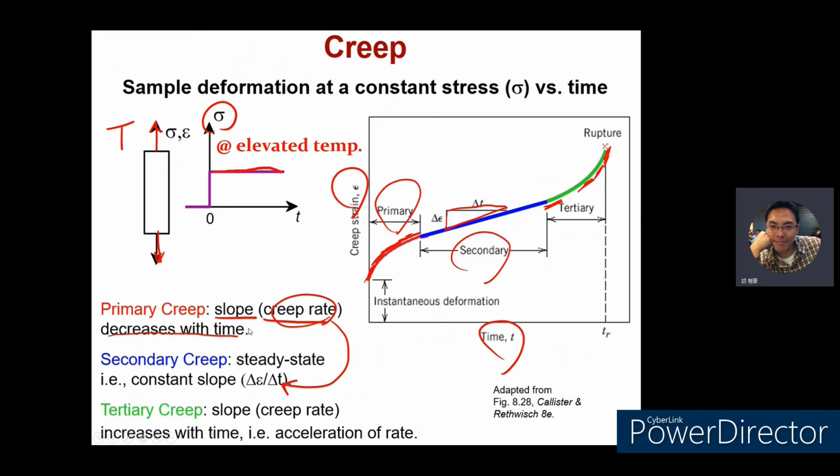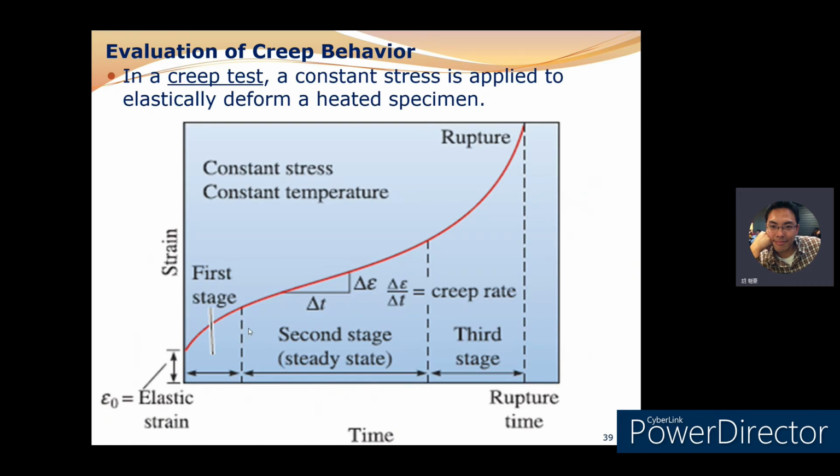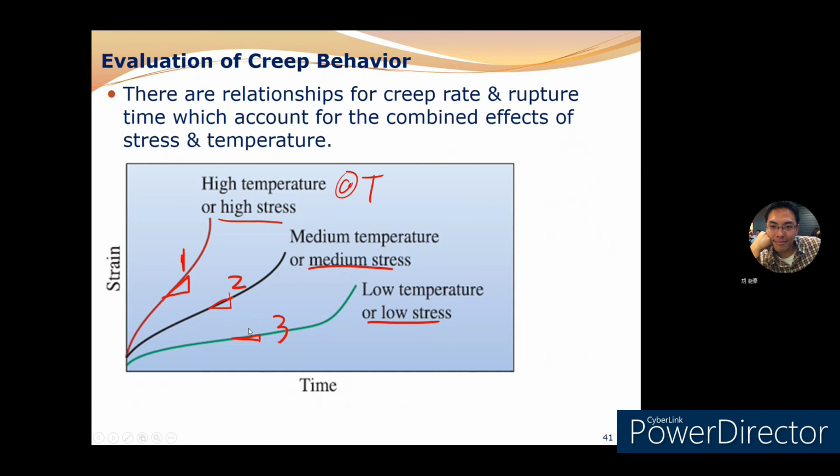If the slope is higher, that means the deformation rate is higher. That means within a short time, it gets a higher strain. It gets a higher strain within a short time.